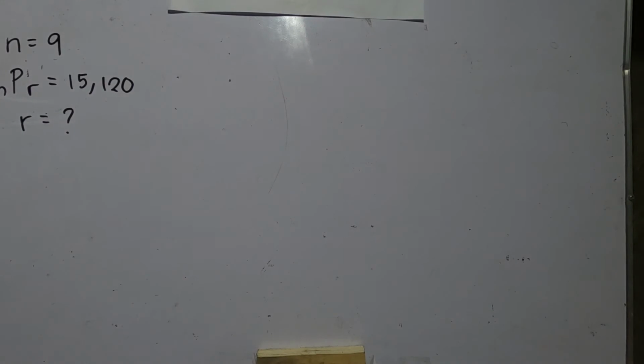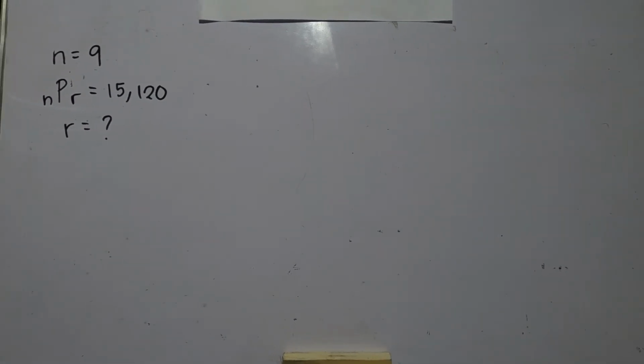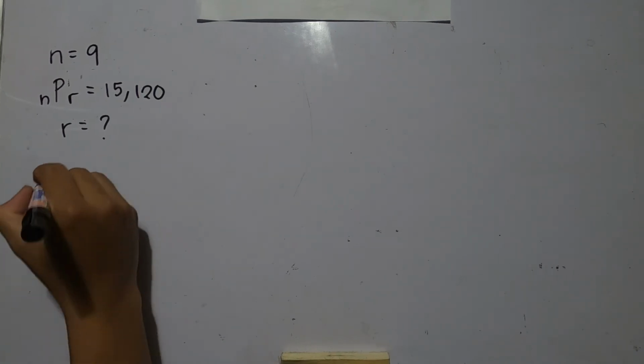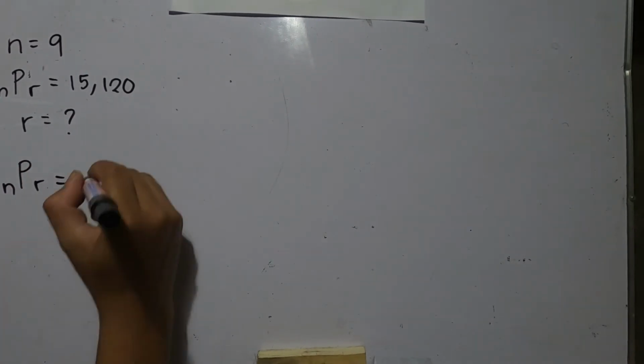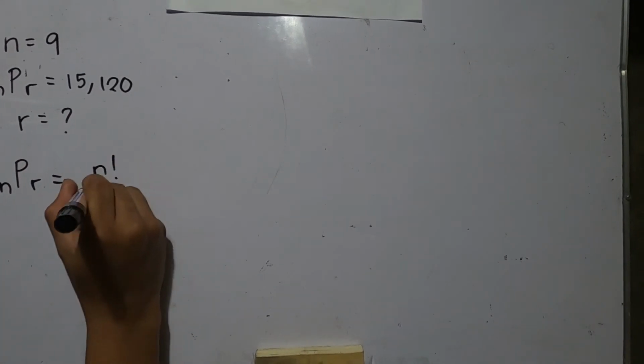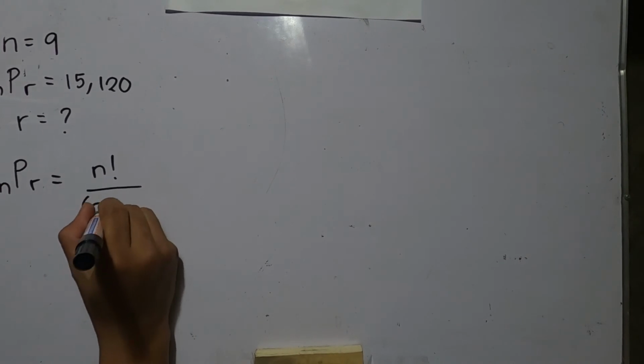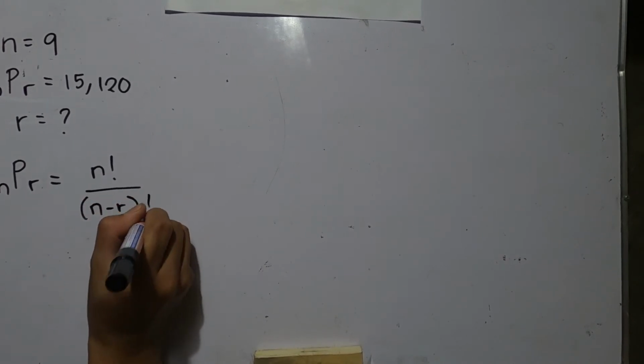We can do this by deriving and manipulating the general equation for permutation of n taken r. Remember, permutation of n taken r is equal to n factorial divided by the quantity of n minus r factorial.